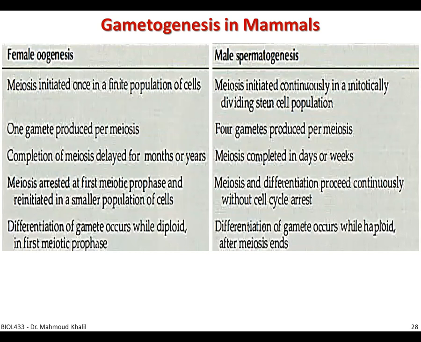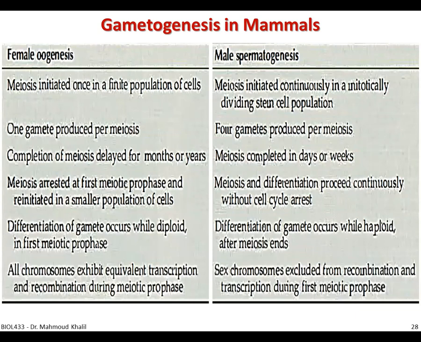The differentiation of gametes in oogenesis occurs while diploid, in first meiotic prophase, while the differentiation of gametes in spermatogenesis occurs while haploid, after meiosis ends, which means the differentiation from the spermatids into the sperm.